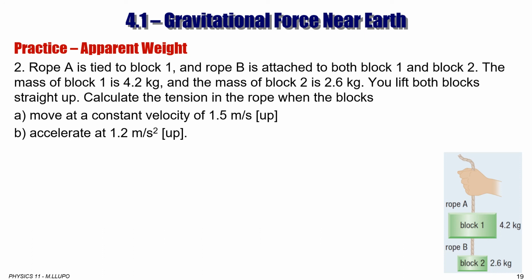So that's for you to try to solve apparent weight problems. Now, instead of Fn as a normal force, you're looking for tension, which uses pretty much the same formulas, just tension instead of Fn.